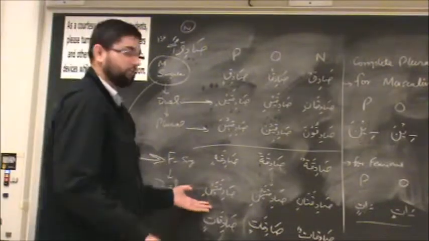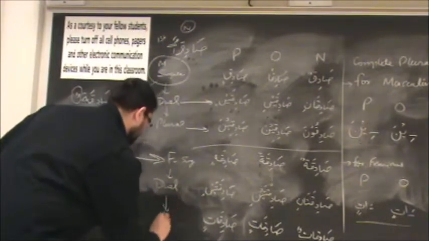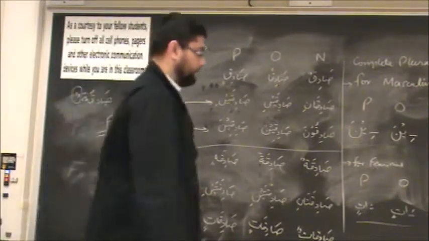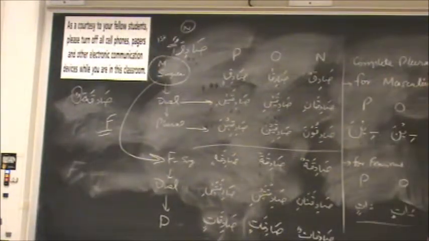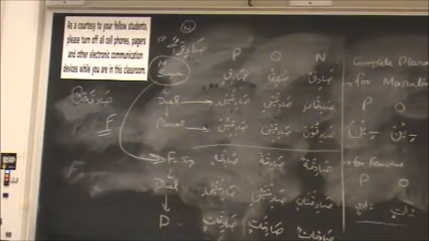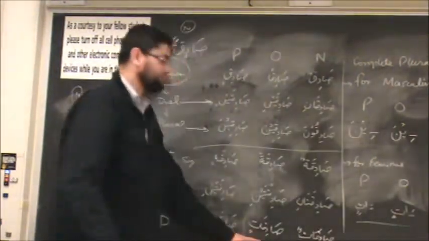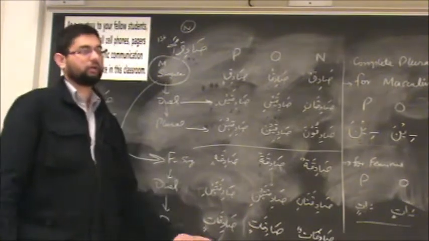And here it remains sadiqataini. And for feminine complete plural, I'll do this. I drop this ta and add this. So it becomes sadiqatun, and then sadiqatin, sadiqatin.